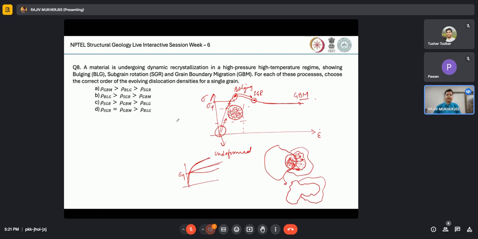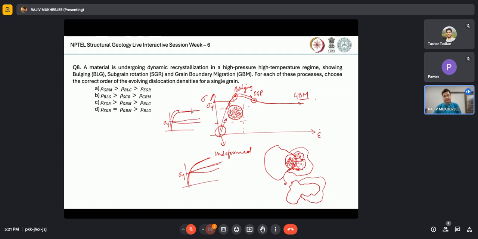For strain hardening, you can also expect this kind of stress strain curve. Although your yield point is here, you can eventually go to a steady state value, even in a strain hardening case. And you can follow the ideal plastic behavior, and you can also go to strain softening mode.